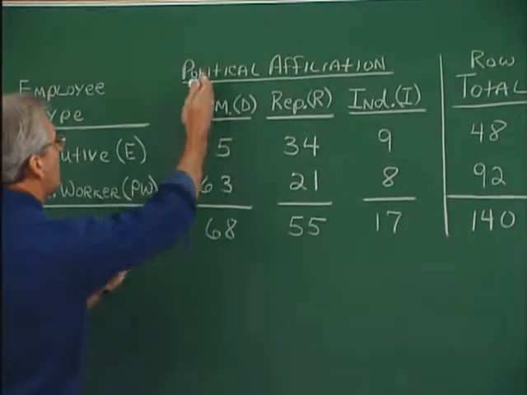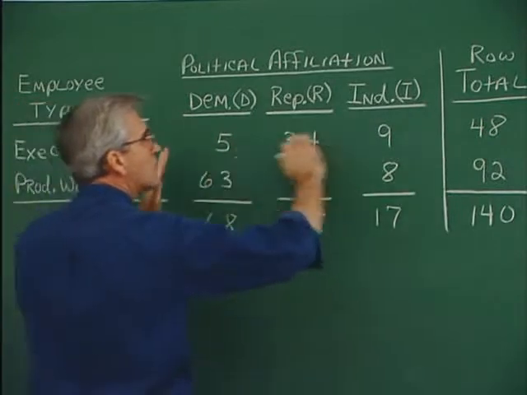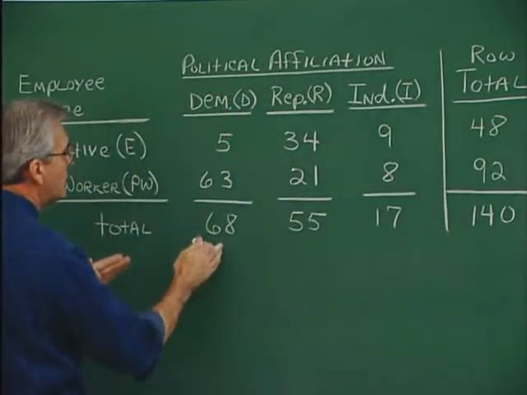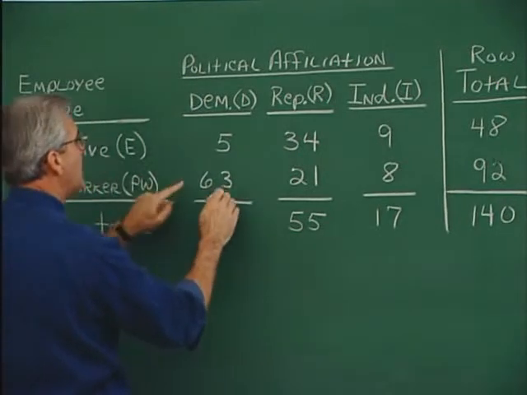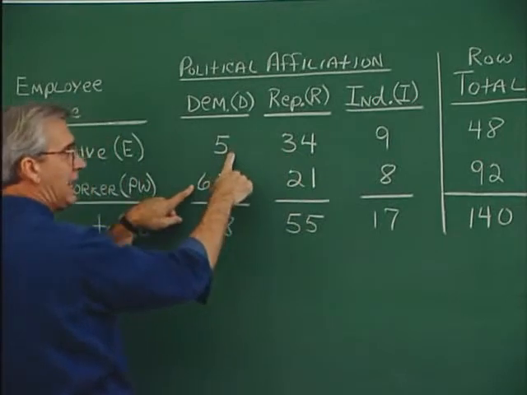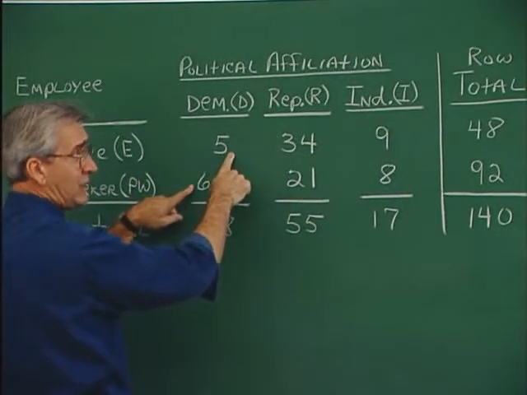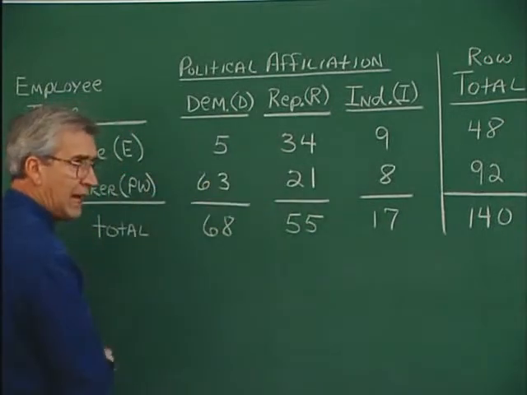So let's see, Democrat or executive. So it's these 48 or these 68, but we don't want to count the 5 twice. So it would be the 63, the 34, the 9, and the 5 only counted one time. That's one way to think about it. So 63, 5, 34, 9. That's a way to calculate it.